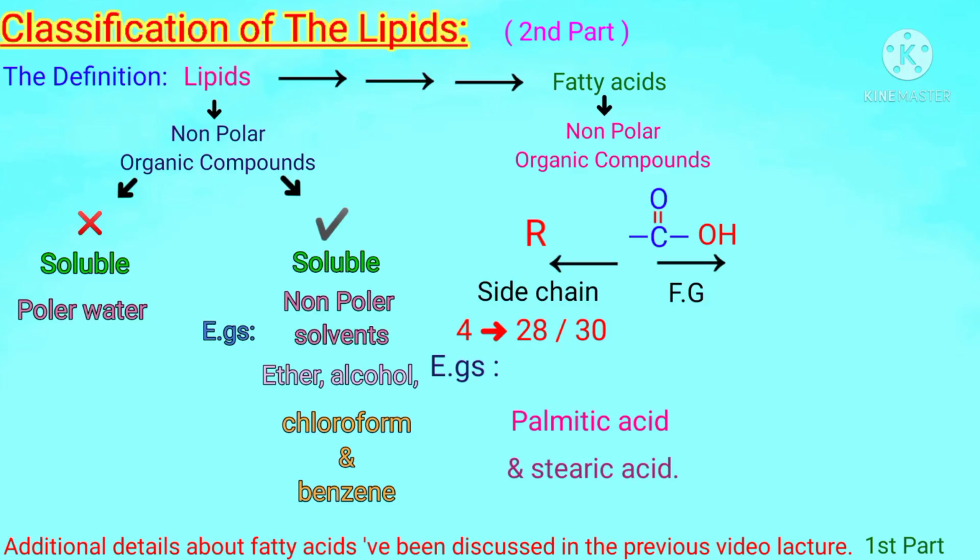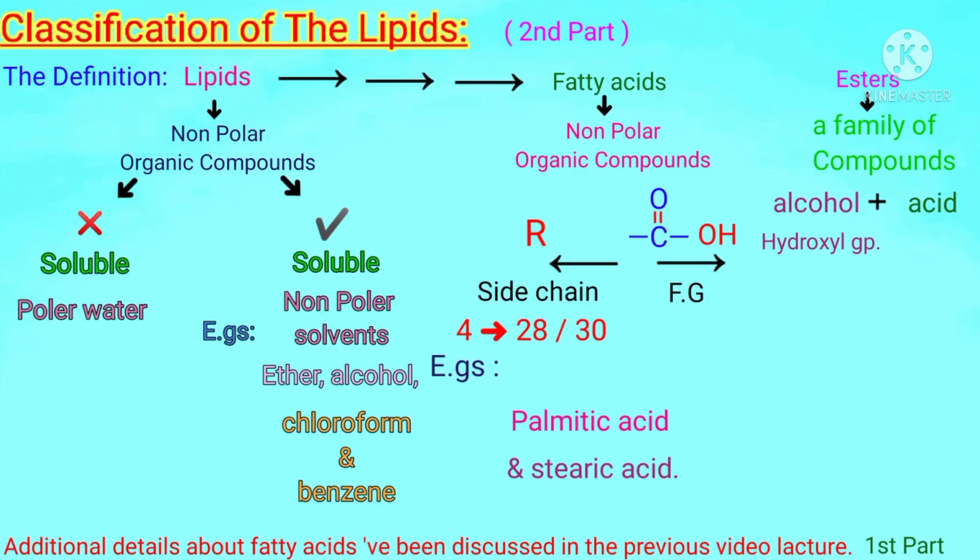Dear students, in addition to these concepts, I have also mentioned in that first video lecture that esters are a family of compounds. Students, esters are not a single compound but a family of compounds that are formed by the combination of an alcohol, an OH group compound, with an acid, a COOH group compound.